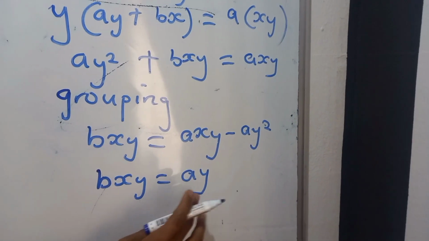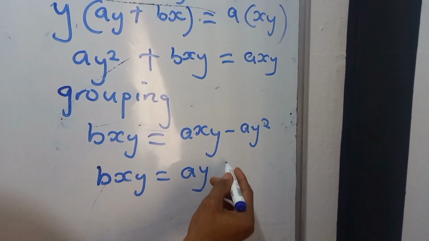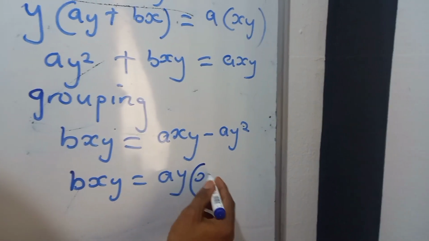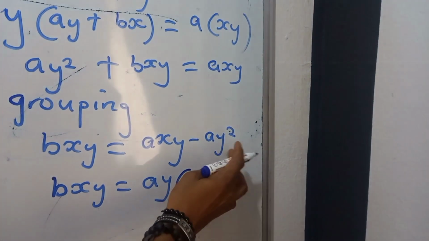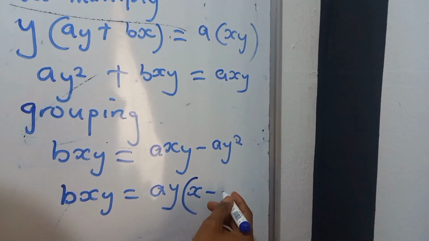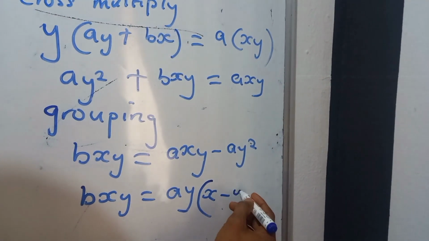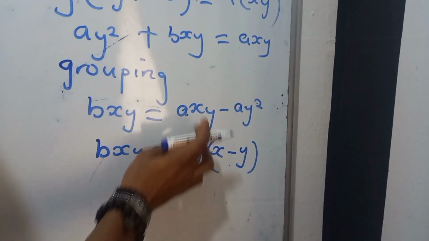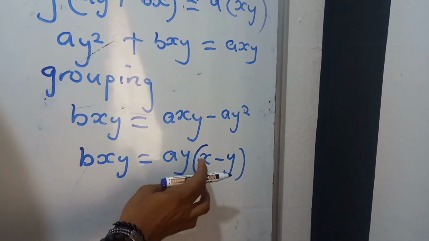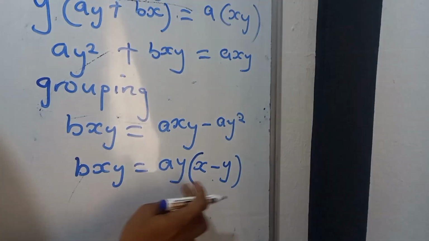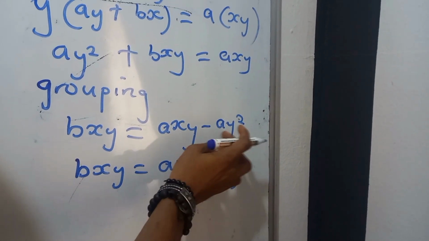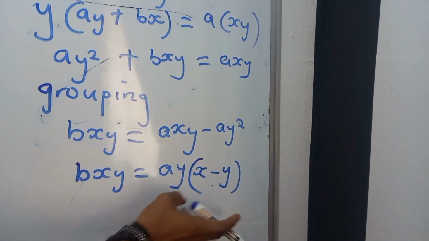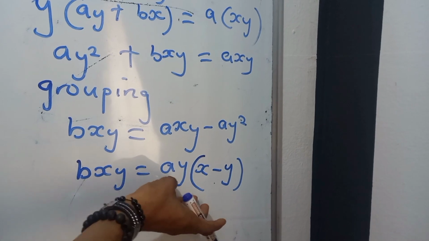Since a and y are common, I bring it down: ay bracket, what remains here is x. Mind this y squared, y is twice, so I've used only one y. Ay times x is axy. Ay times minus y is minus ay squared. So you see that I've grouped them and taken what's common to one side.